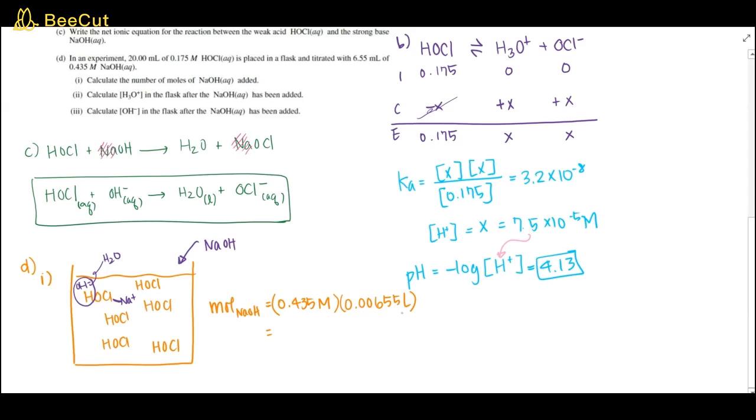And we know that molarity times volume is going to give you moles. So this ends up being 2.85 times 10 to the negative 3 moles of OH minus. Okie dokies. So that is going to be your answer for 1.